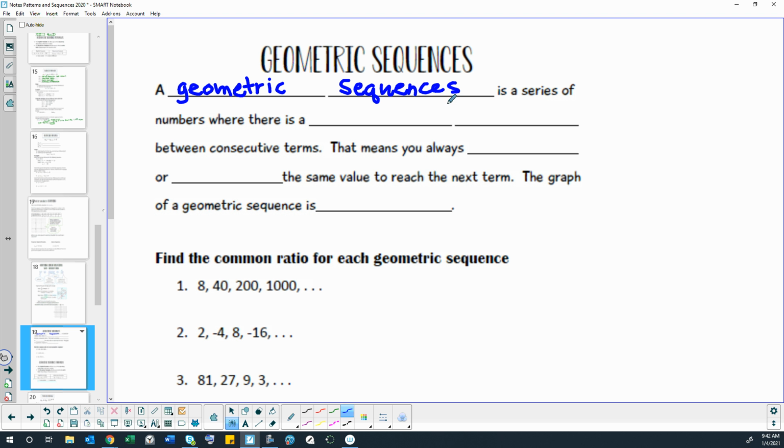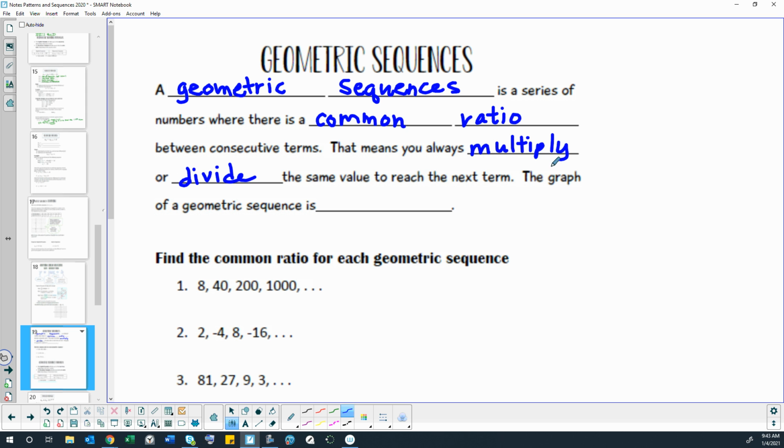It is a series of numbers where there is a common ratio between consecutive terms. That means you always multiply or divide by the same value to reach the next term.